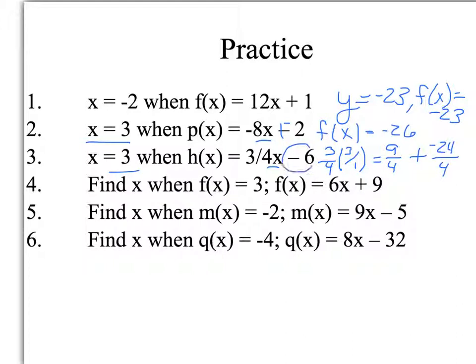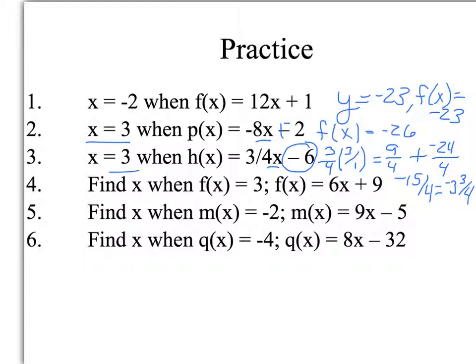I changed the -6 into -24 over 4 by making a common denominator. Now when I add these, that gives me -15 over 4. And when I turn that into a mixed number, -3 3/4 will be my final answer for problem 3.